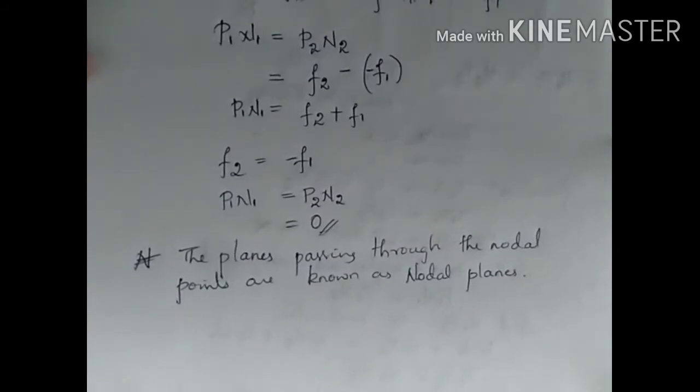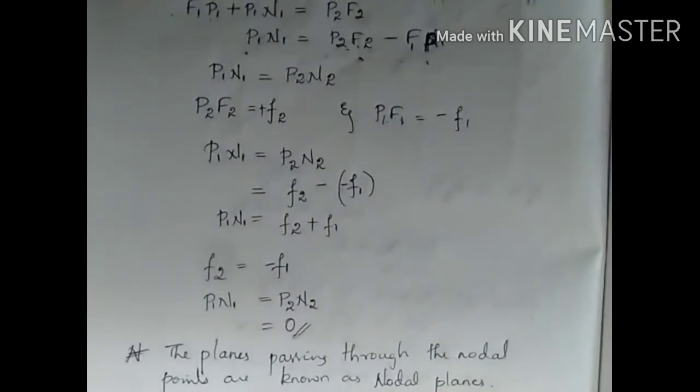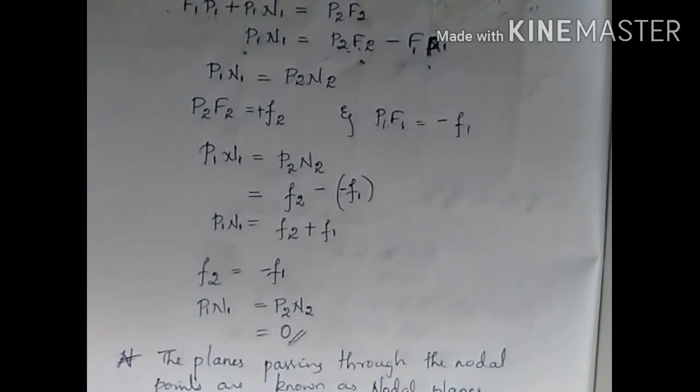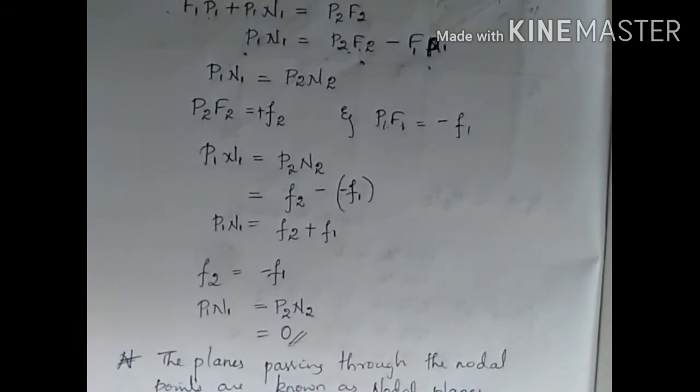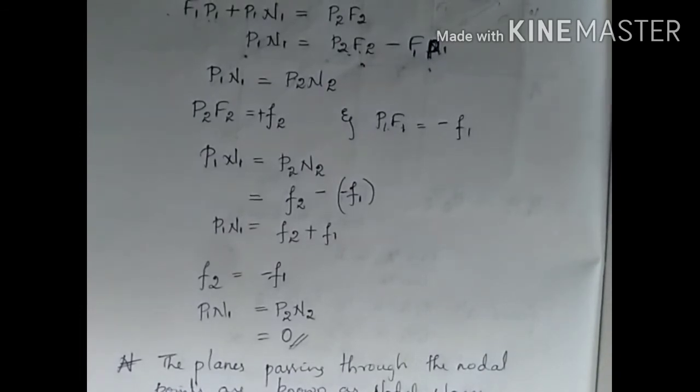In this class we learned how the distance between nodal points N1 and N2 is equal to the distance between principal points P1 and P2, and then we derived that the principal points coincide with the nodal points. So in this class we learned two important points in the nodal point section.